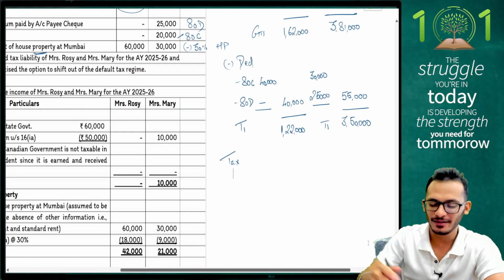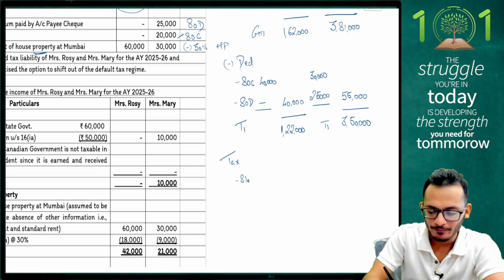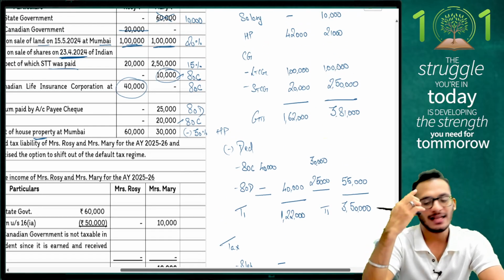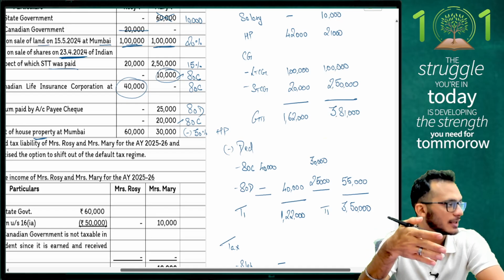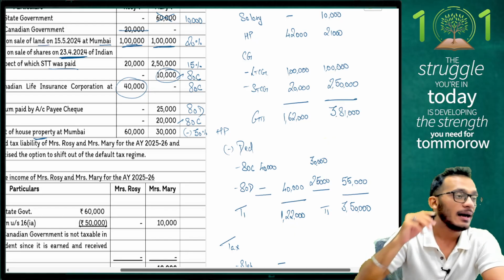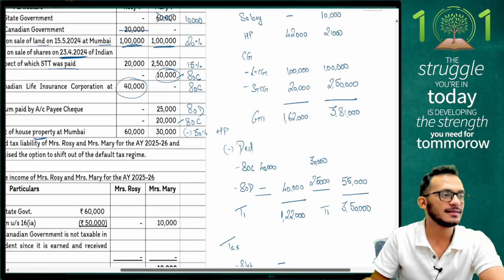What am I going to tax, people? My slab incomes are 0, because my slab income was 42, but I claimed a deduction of 40,000. So my slab income became 2,000, and tax on 2,000 is 0. I am a non-resident. Can I exhaust my basic exemption limit?